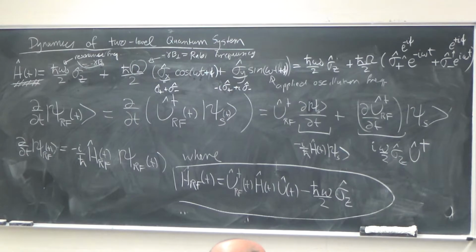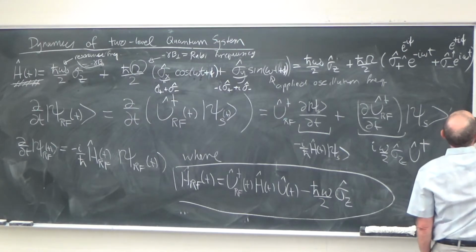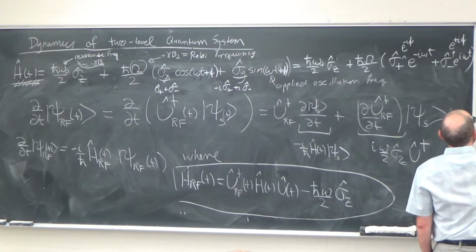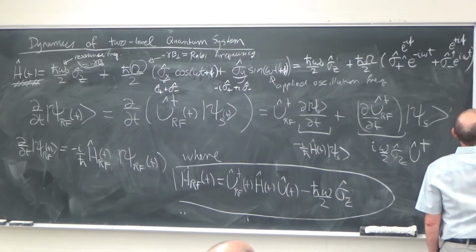And then we're going to have to subtract off a piece coming from the fictitious magnetic field in the rotating frame. So, to do that, let's do an aside to the aside. I ask you the following question. What is this?